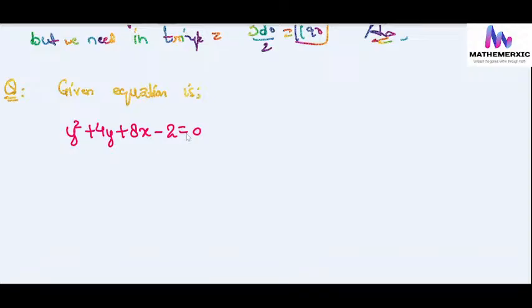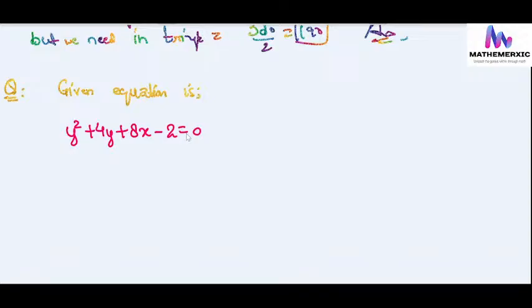Right now nothing is coming to our mind, because we have y square plus 4y plus 8x minus 2 is equal to 0.